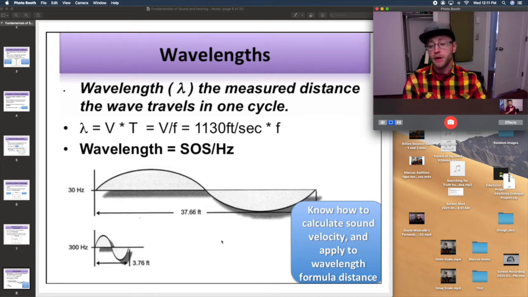Okay, so lambda being the wavelength, the physical distance, equals the velocity of sound, which is a constant, divided by the frequency. So it's just the correlation between these three aspects.